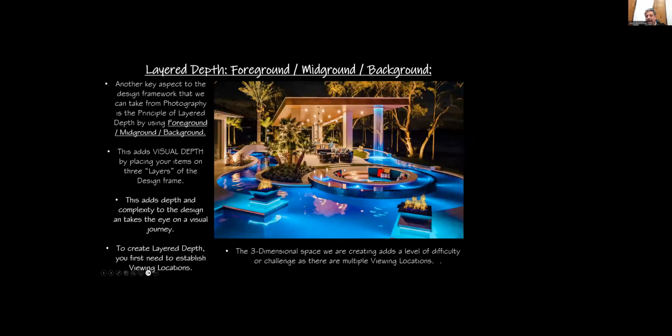And you've got your midground, which is typically the main part of whatever elements you're trying to have. And then you'll have a background space or element. In this case, this is a design Ryan Hughes did a couple of years ago. In the background, it's got something that's drawing you out through here.